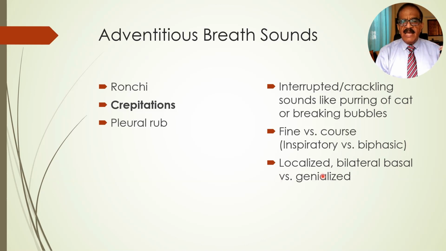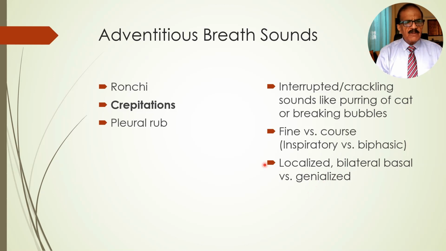And then you have to see if the crepitations are present only in a certain area, like apical crepitation may be indicative of tuberculosis. Bilateral basal crepitation may be indicative of fibrosis or heart failure. Generalized crepitation may be seen in pulmonary fibrosis or emphysema or bronchitis. So I think it is a very important physical finding.